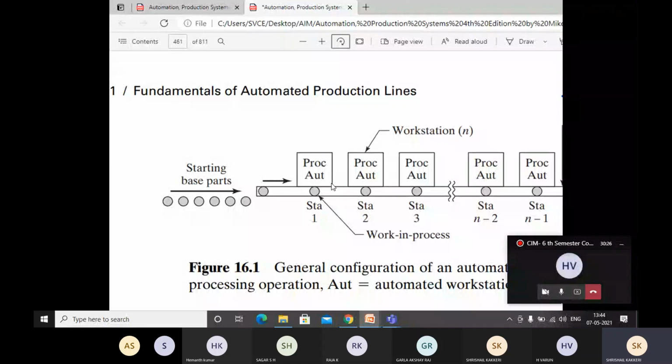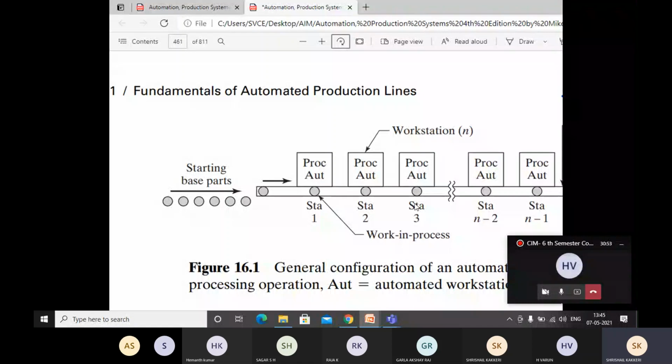So station 1 will be facing the blocking of station. And station 3 is facing starving because it is starving for the material. Even though it is correct and ready, with no maintenance, in station 2 there is a maintenance, it cannot supply the material to the next, so it is called starving of station.